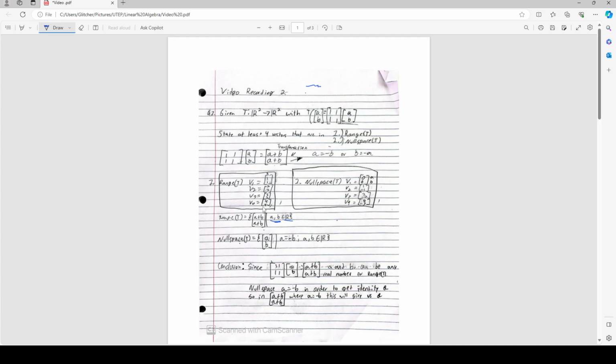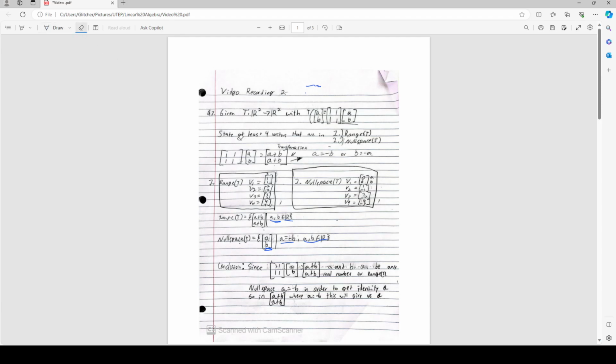For V4, we have (4, 4). And this can be whatever; we can have like 1, 7, 3, 4. Doesn't really matter.